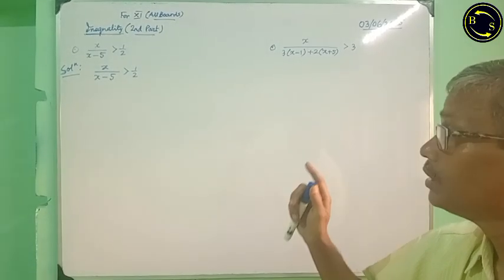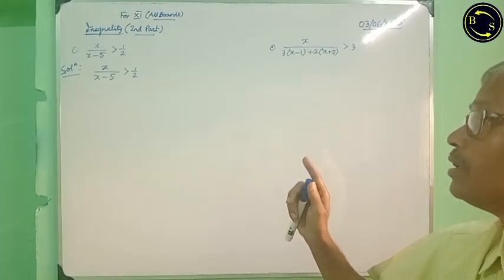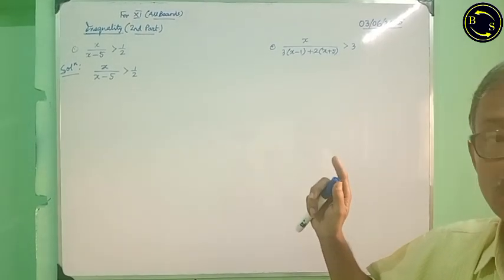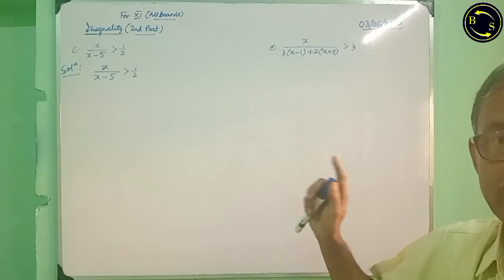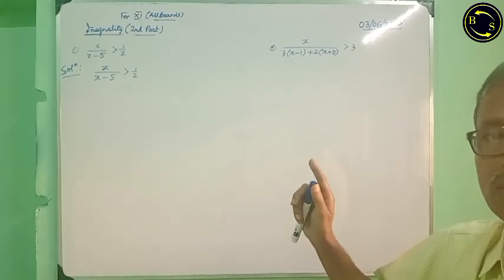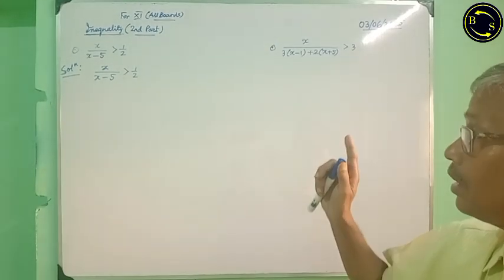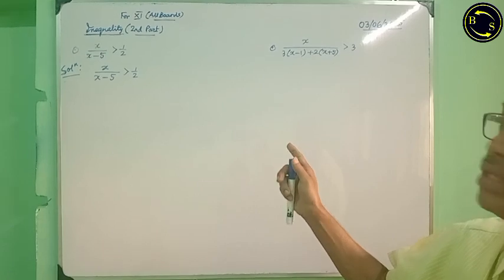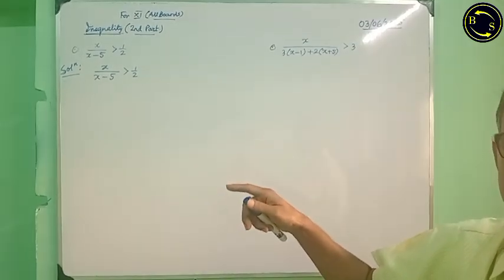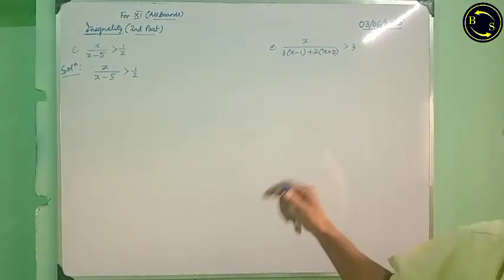If you find numerator, denominator are expressions involving x, don't think that. What we do, you see, right side number is taken on the left, then we simplify. Follow.